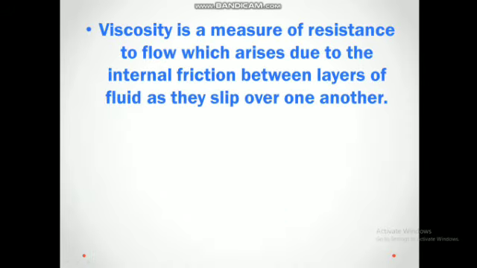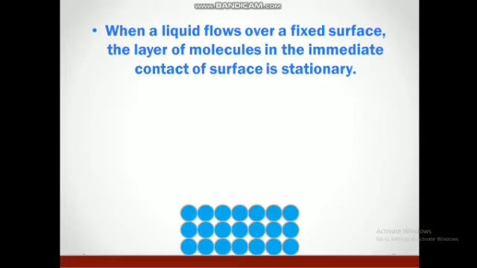So viscosity is the measure of resistance to flow which arises due to the internal friction between layers of fluid as they slip over. When a liquid flows over a fixed surface, the layer of molecules in immediate contact with the surface is stationary. This we have discussed.